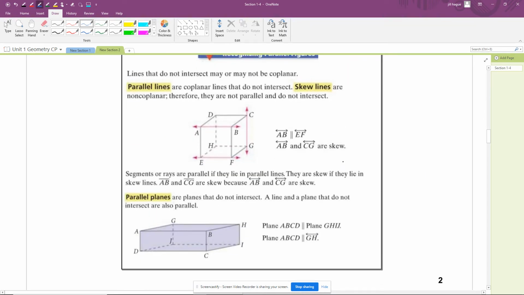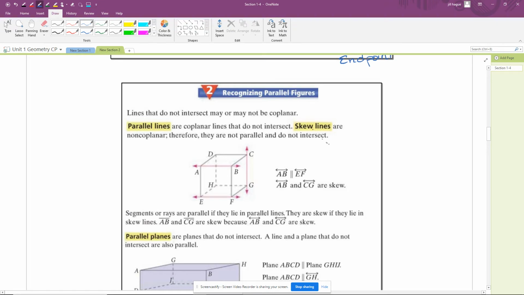All right, now we get into some parallel lines and skew lines. You pronounce that skew line. So a couple new vocab terms for you. Parallel lines are always coplanar, and they don't intersect. So here is a line which is parallel to this line. Skew lines are non-coplanar, meaning they're not on the same plane, and they don't intersect.